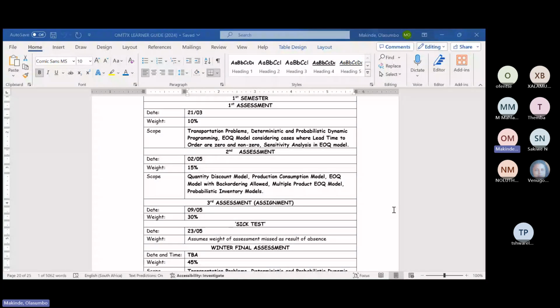But with topic 5, what makes it probabilistic is if the item you want to manage, which is the inventory, if you don't know with certainty the amount of units demanded and required, then that inventory problem is probabilistic in nature, because you're going to use historical records of how that inventory has been used or required over time to predict and use that to know how many you're supposed to stock so that you don't understock or overstock.